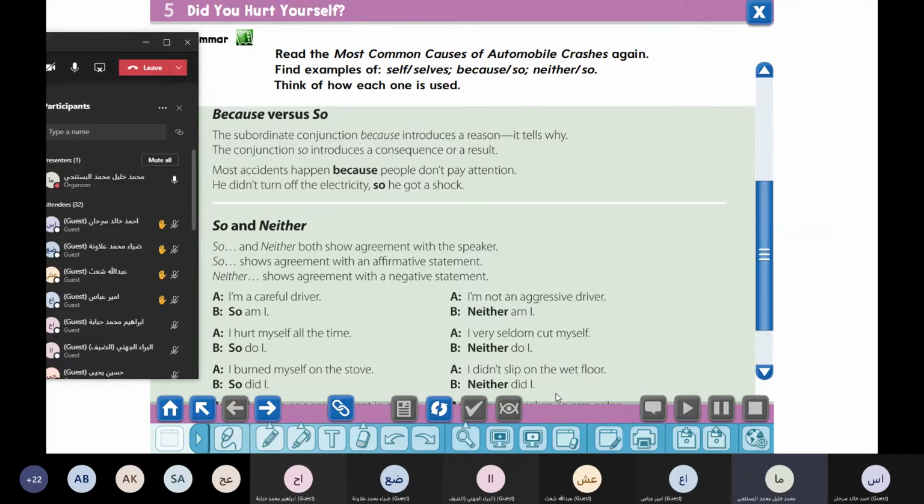One says the sentence, the second agrees with him. A and B. Look at the last one. I didn't sleep on the wet floor. Neither did I. So he wants to agree with him. The sentence is negative, so we have to use neither. Then we bring the verb, then the pronoun I.